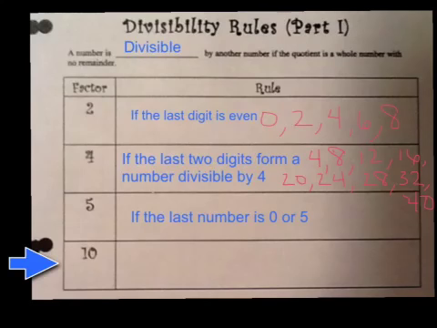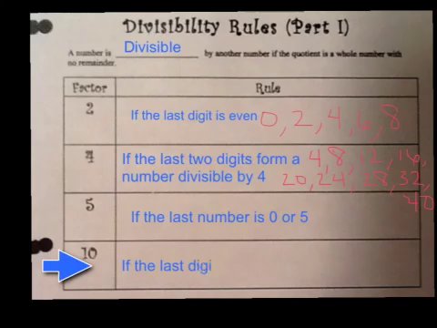Let's write down the last piece of information on our note sheet. So our last rule is going to be the 10. So if we're looking at the 10, our rule is if the last digit is 0.